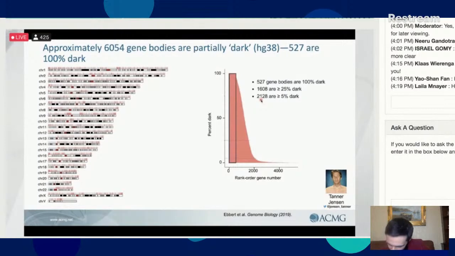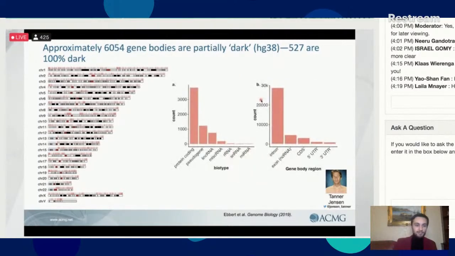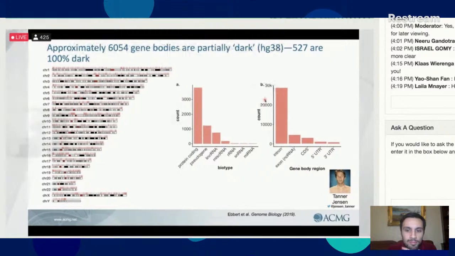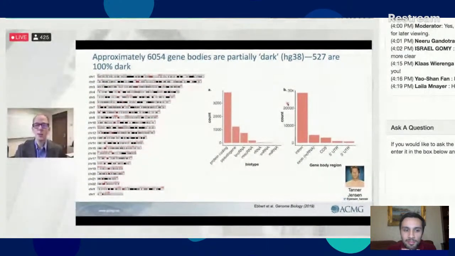But you may have noticed that I'm saying gene bodies, because there are different types of gene bodies. And so we wanted to know which types of gene bodies are most represented here. We were surprised to find that most of them were actually protein coding genes, followed by pseudogenes and various RNAs. I would have expected quite the opposite, that there would be fewer protein coding genes.